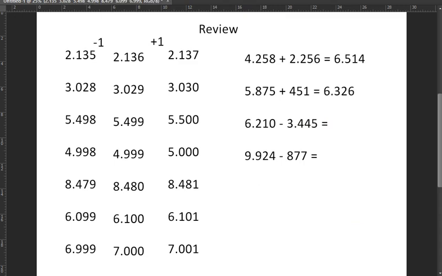Next up, we have a subtraction. We have 6,210 minus 3,445. I start by saying 0, take away 5.